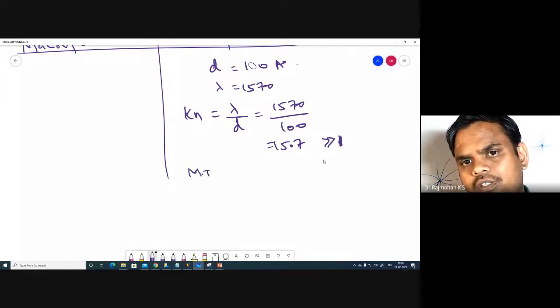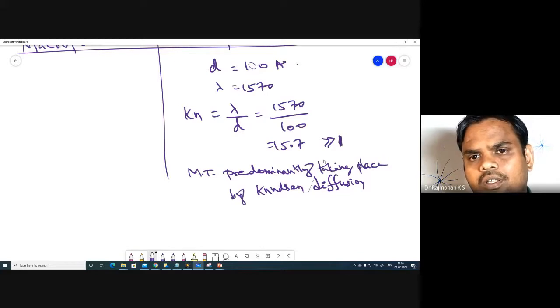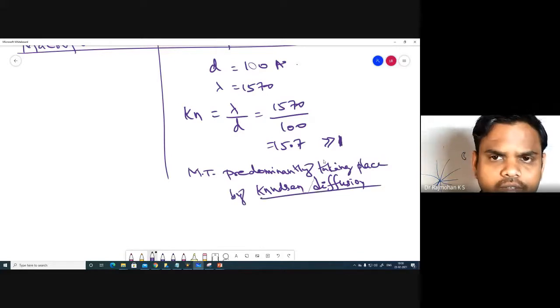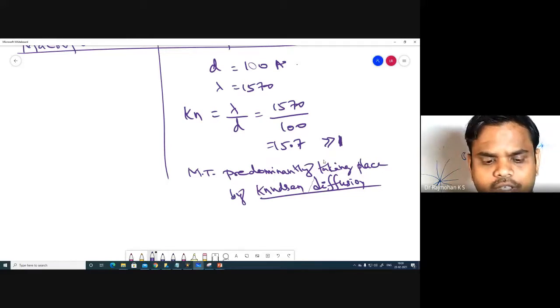Mass transfer is predominantly taking place by Knudsen diffusion. When Knudsen number is equal to 1, both will take place. When Knudsen number is very much greater than 1, predominantly Knudsen diffusion takes place.